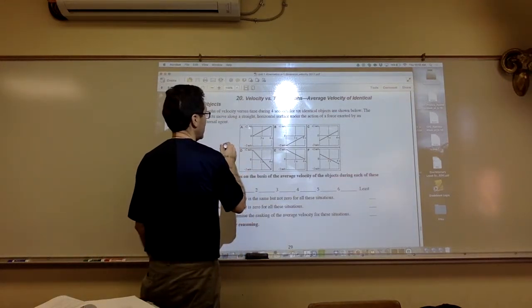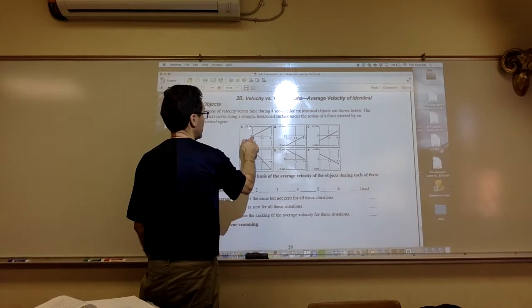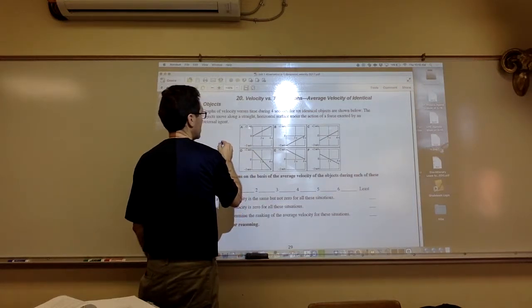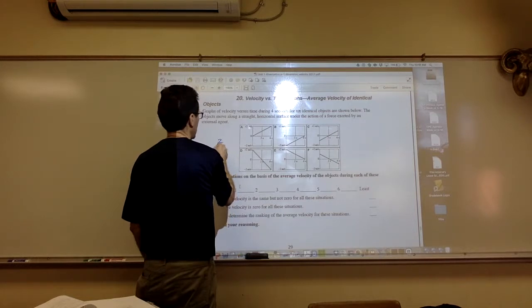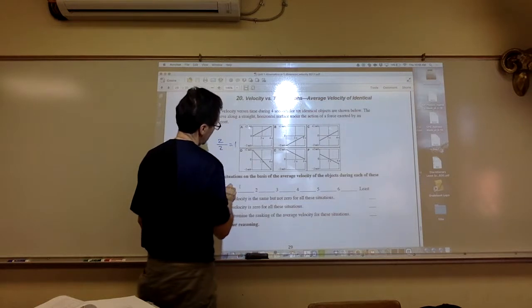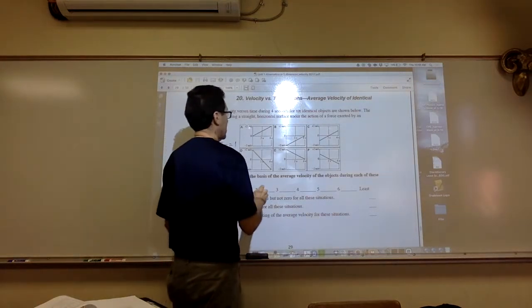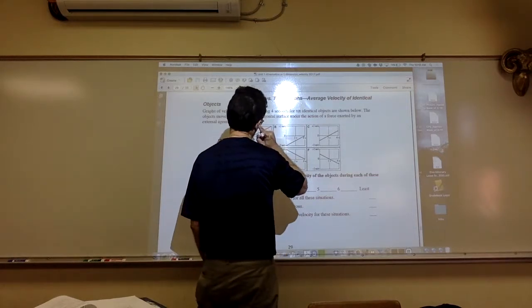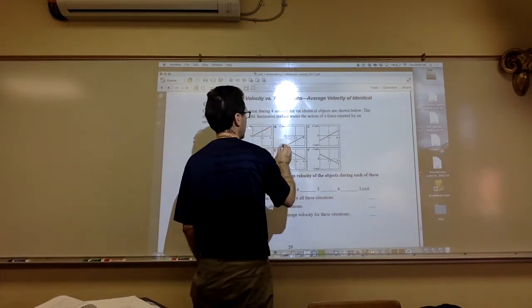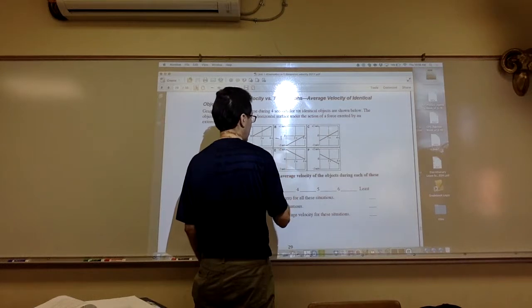So this is just going to be, you're going from 0 to 2. So it's going to be 2 over 2. So this is a 1 in here. This is going to be 0. This one is going to be -2 plus 0, so this is going to be -1.